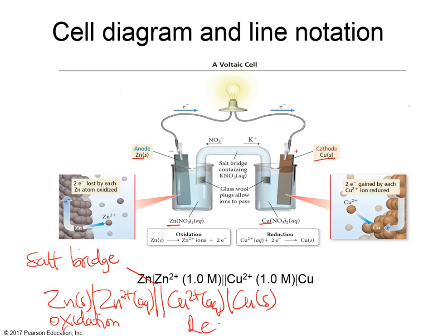So this part is reduction. Oxidation is on the left, reduction is on the right. This diagram is known as a line notation. So you need to be able to learn how to write line notation diagrams. Oxidation on one side, reduction on one side. As you can see here, we have solid at one end and solid at the other end.